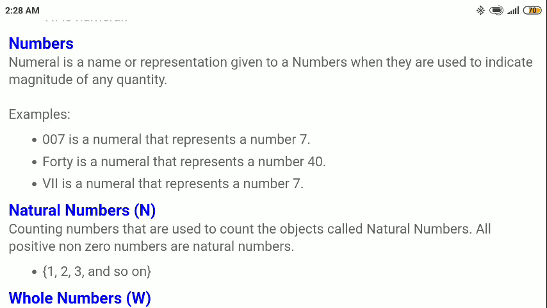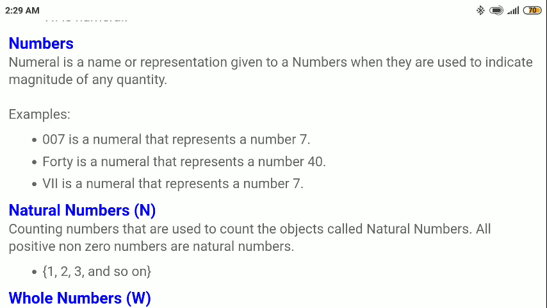That means when we are using numbers, we are using numerals to represent something, or to point out something, or to indicate something. That is how we say that numbers are used to indicate some magnitude of any quantity. And if there is no such use, then we can call them numerals.